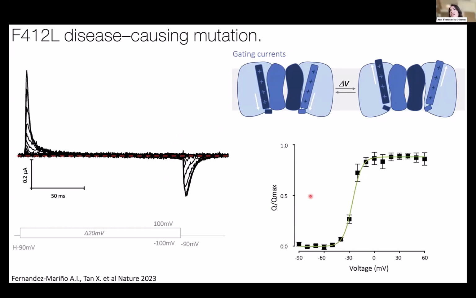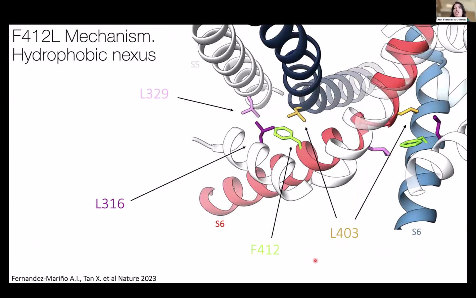If we integrate the off-gating currents, we can obtain the QV curves that show the movement of the charge as a function of the voltage. And that was fascinating because we are now mutating this phenylalanine to leucine, and now the channel is not able to conduct ions anymore. So I was very puzzled by it, and I wanted to understand how this point mutation is actually making the channel non-conducting.